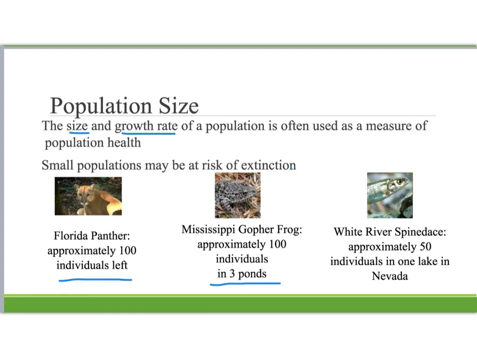So if those ponds dry up, or if new housing developments come in and the ponds are contaminated with runoff, the Mississippi gopher frog will not be able to survive. And then this small fish, the White River spinedace, there's only about 50 individuals found the last time it was counted in one lake in Nevada, so probably that species is not going to be around that much longer.